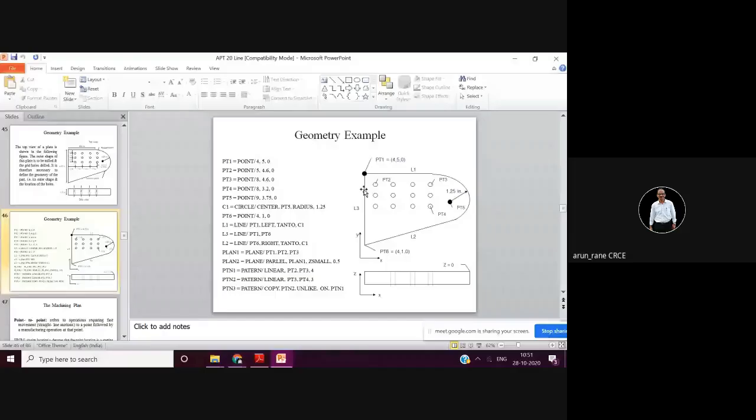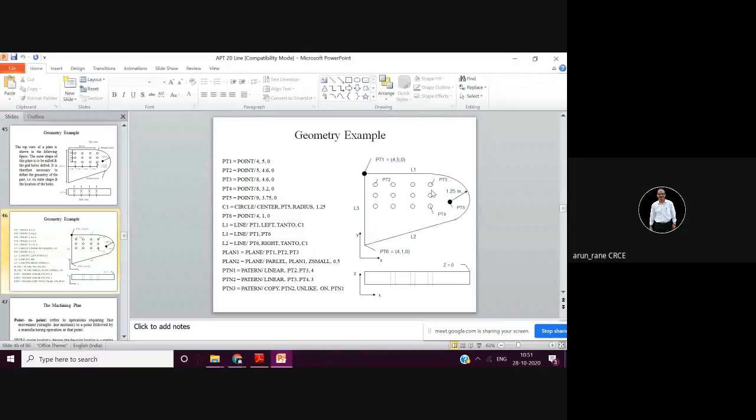Now there are two ways: either you define all these holes with the coordinates, or you can define a pattern. So we say pattern 1. Pattern 1 is a linear pattern passing through point 2, point 3, and in between you have four holes.